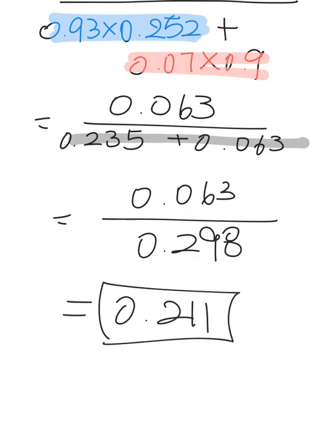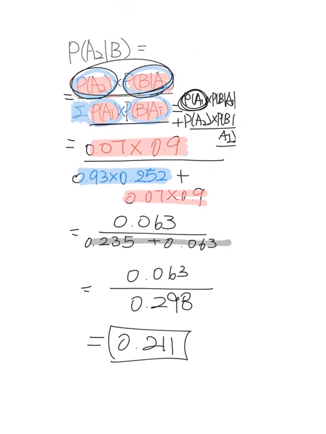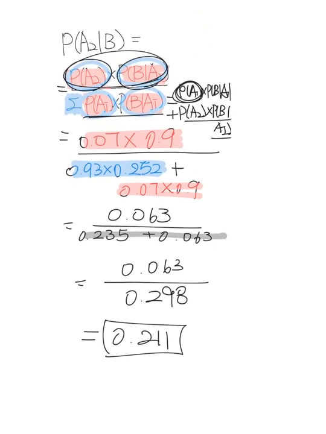What's this? The chance you will get a lung disease when you are smoking. 21%. It is smaller than I expected. Probably the given probabilities are not real ones.